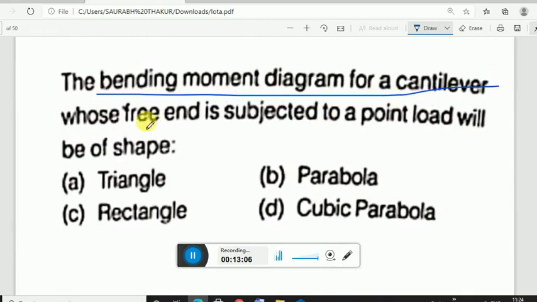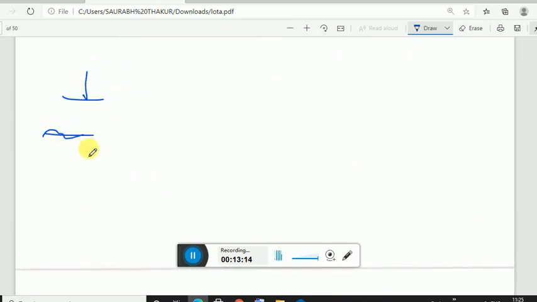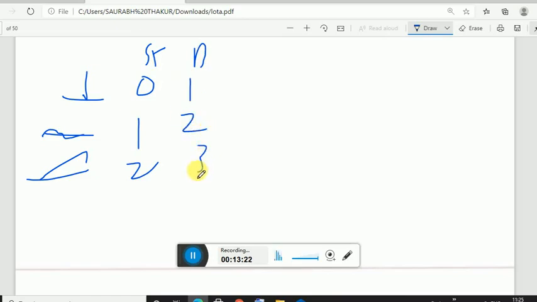The bending moment diagram for a cantilever whose free end is subjected to point load will be of shape. Simply, I already told you, for concentrated load, UDL, varying load, SFD would be 0 degree, 1 degree, 2 degree, BMD would be 1 degree, 2 degree, 3 degree.